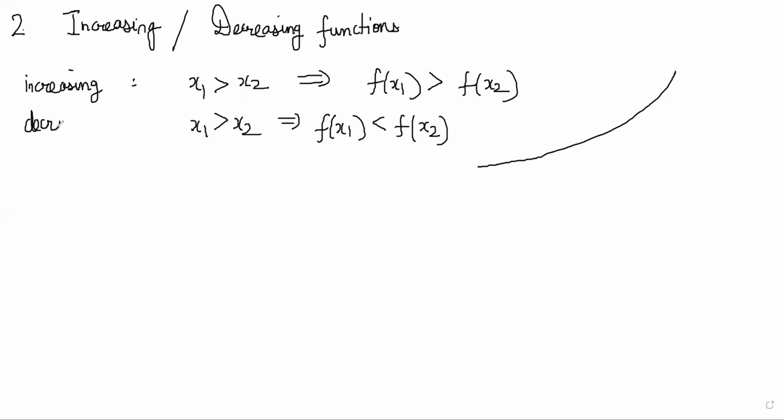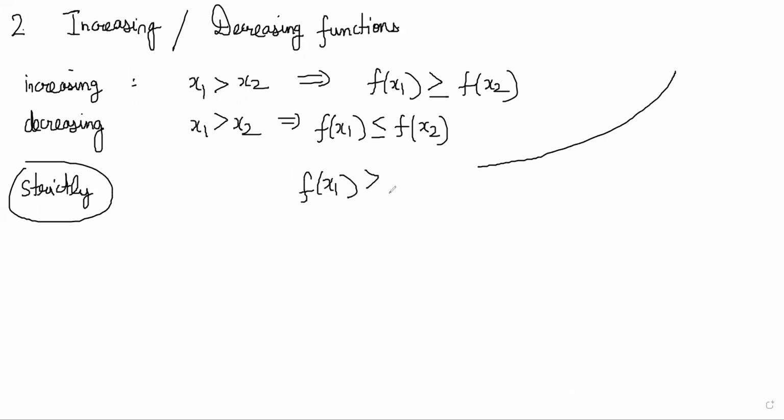This is decreasing. Right now, actually, I should have written it with an equal to sign. So greater than or equal to, or lesser than or equal to, that is increasing, decreasing. If you call it strictly increasing, then you remove the equal to sign. But then there's an overlap of conditions there, right?